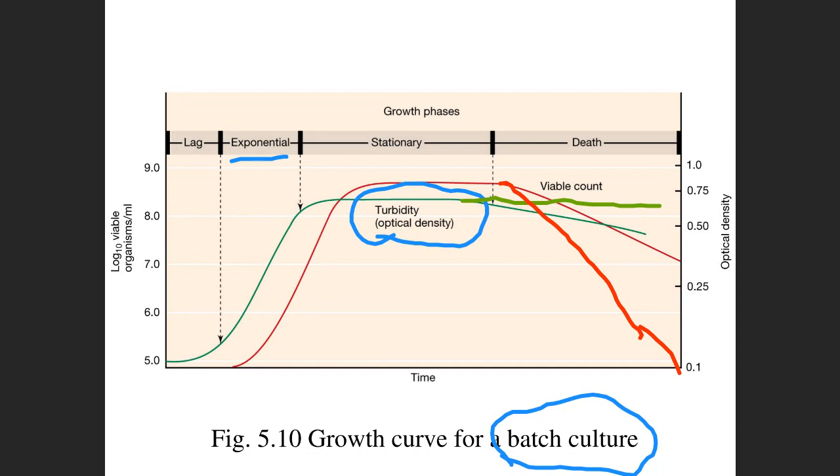Okay, so now you understand that at the beginning the viable count stays flat and goes up, and then when you get to stationary phase, the number stays flat. But the difference is at the death phase. The turbidity count is the total living and dead cells. The viable count counts the living cells only, and the curve will be different.